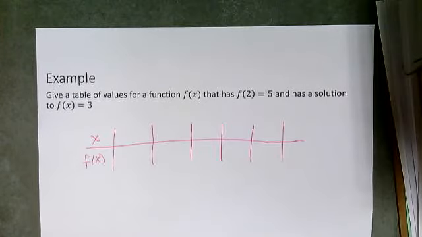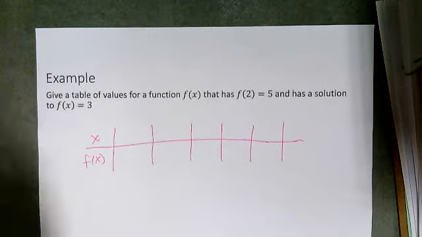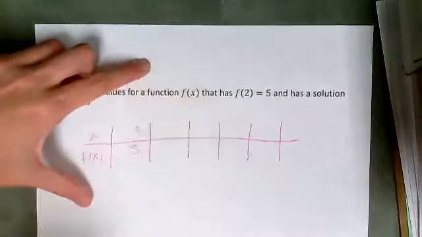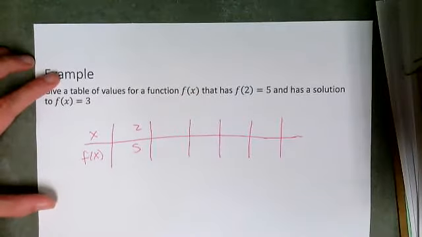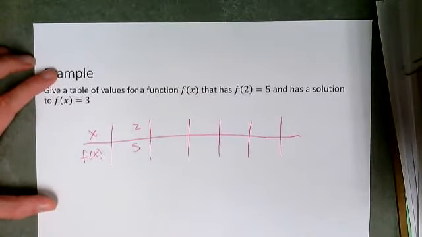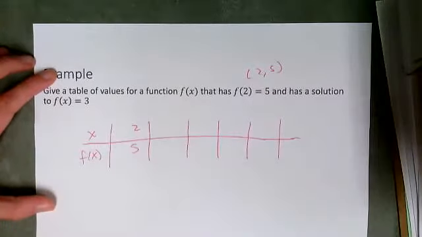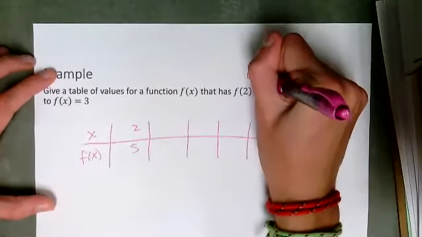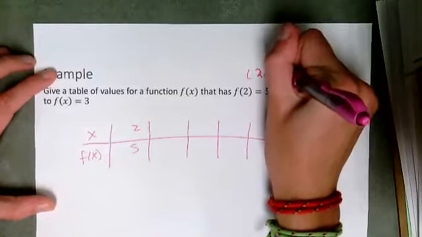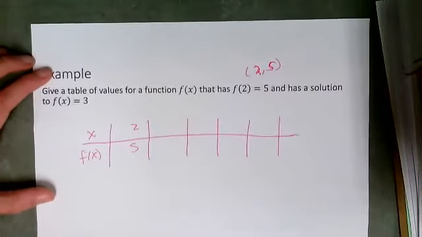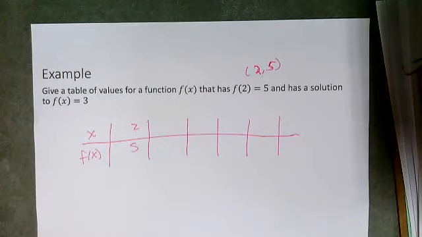So for every one input, one input has to have exactly one output, right? So we want a table of values for a function f of x that has 2, 5 as a solution. Right? So it has to contain the point 2, comma 5, right? 2, comma 5 is the solution. All right, we got 1.